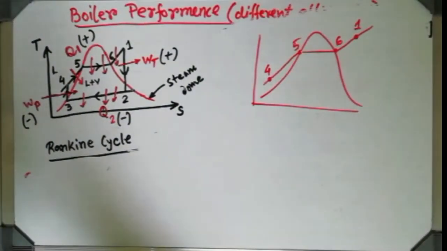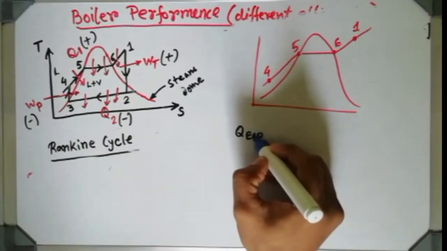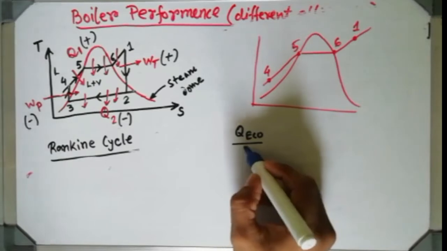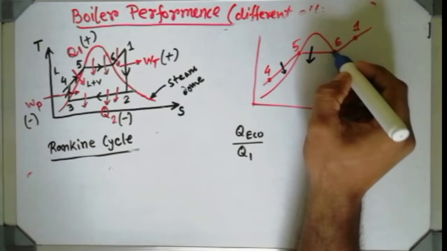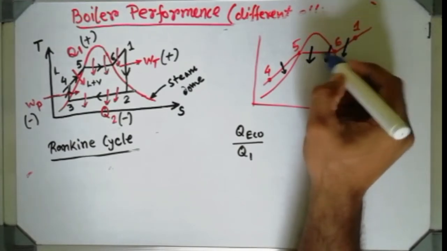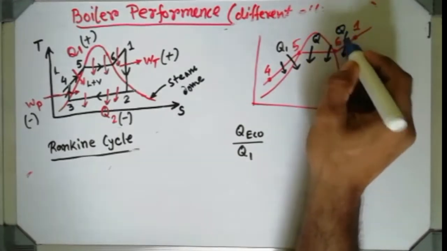Now if anybody tries to find out Q economizer, eco stands for economizer, with respect to the amount of heat, that is the Q1 process. During this whole process heat is being supplied, so Q1.